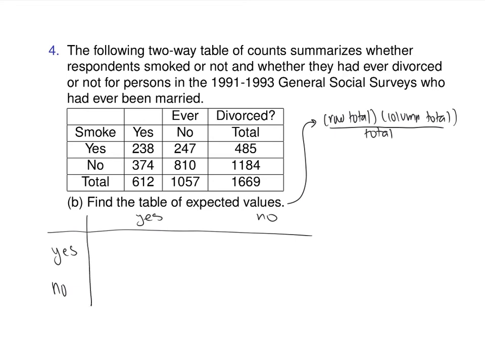Okay, so the row total is 485. Column total is 612 over 1669. It's important you round these to 2 decimal places. So 177.84.